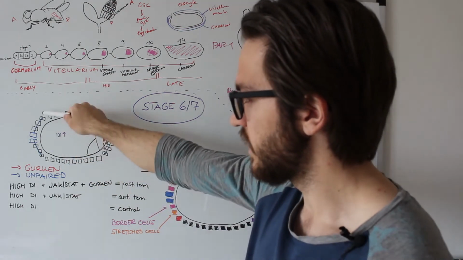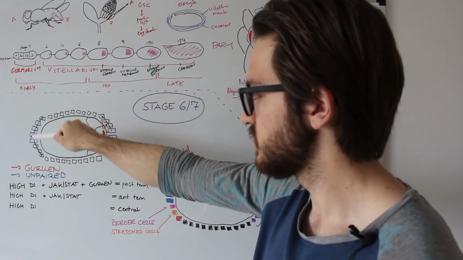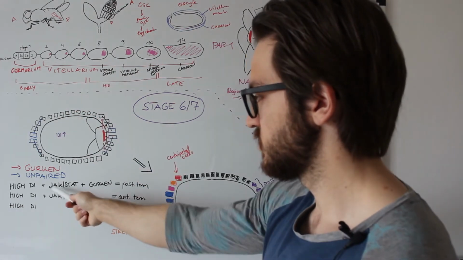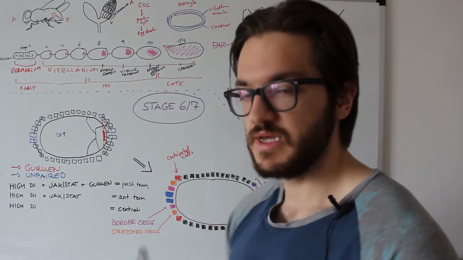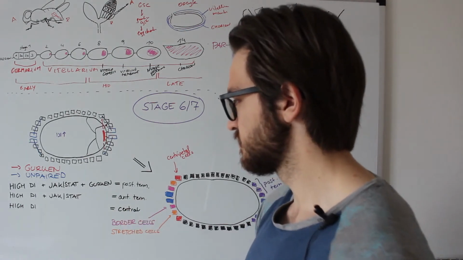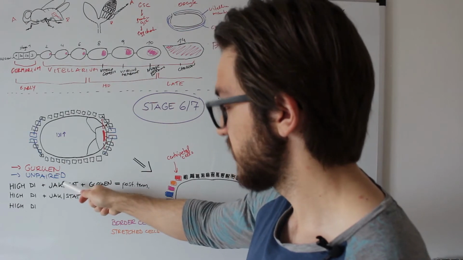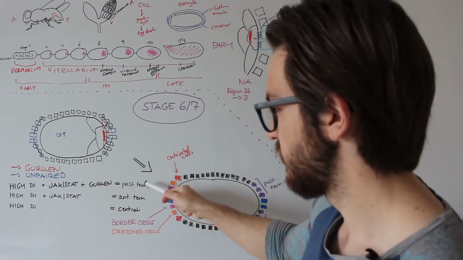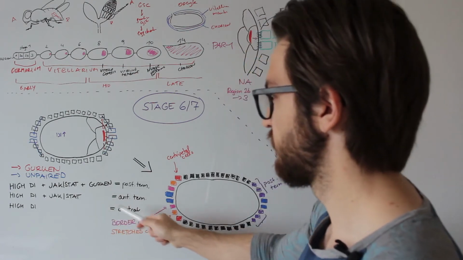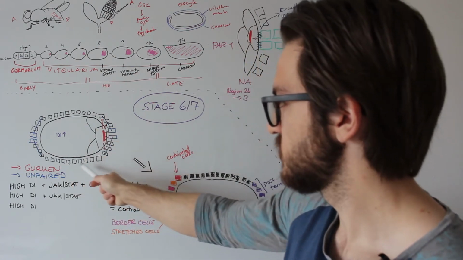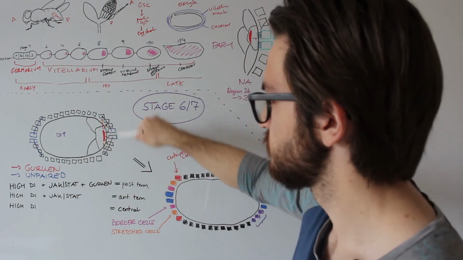The cells receiving the unpaired soluble protein are able to nuclearize the STAT protein, and in that manner they will be terminal follicle cells. So all the cells receiving JAK-STAT will be terminal follicle cells. Cells receiving no JAK-STAT will be just central follicle cells. So here central and here terminal.